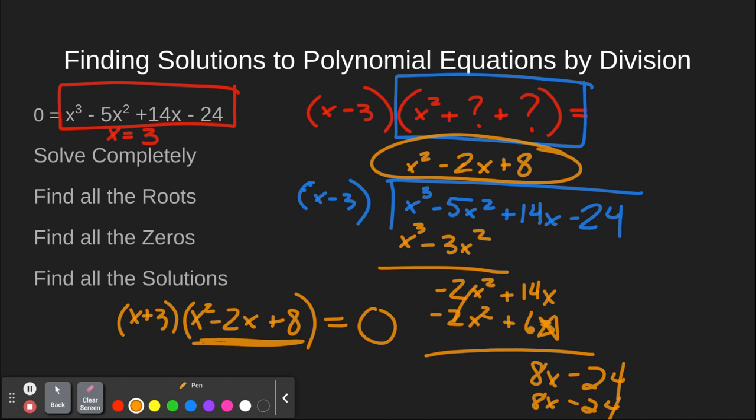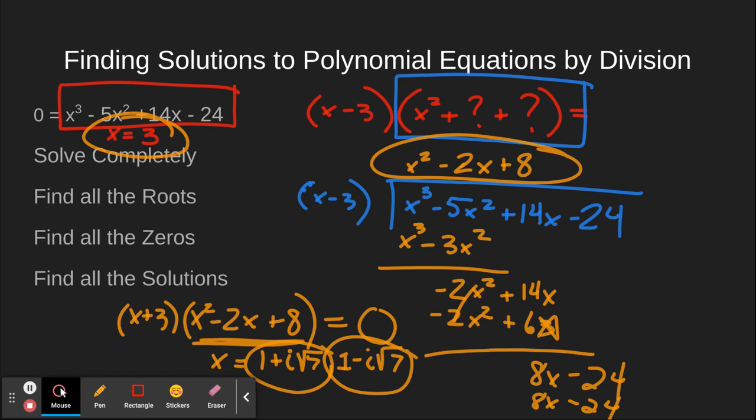So when I solve this equal to 0, I get x equals 1 plus i radical 7 and 1 minus i radical 7. So what are all the solutions? x equals 3, x equals 1 plus i radical 7, x equals 1 minus i radical 7. That's it. That's what you're doing.